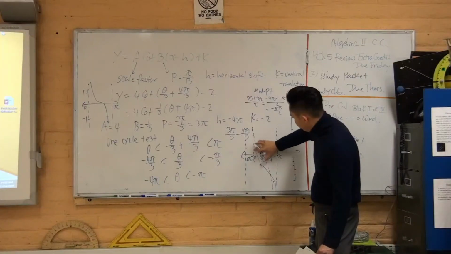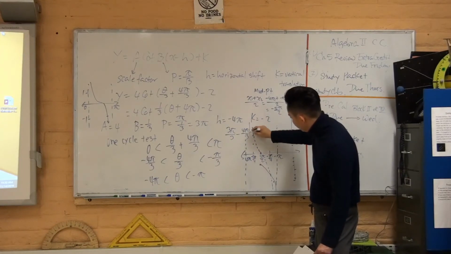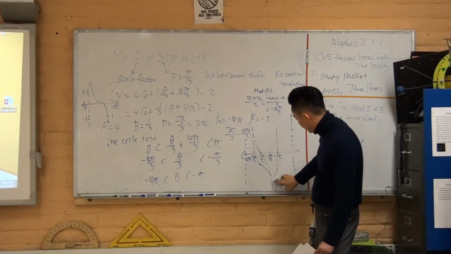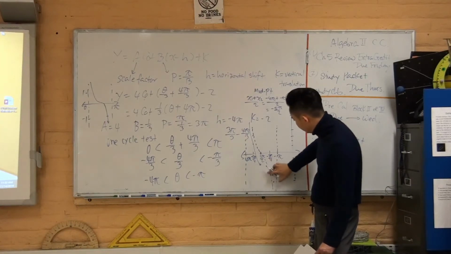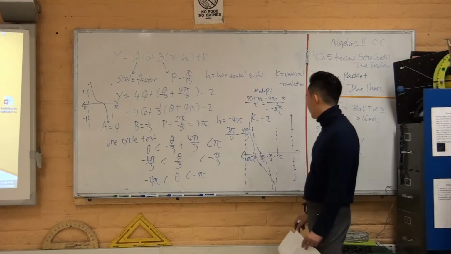Otherwise you have to just erase that and change it a little bit. And also this part right here is supposed to be skinny as well. So here's the final graph.